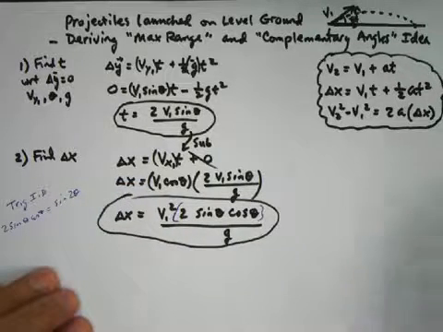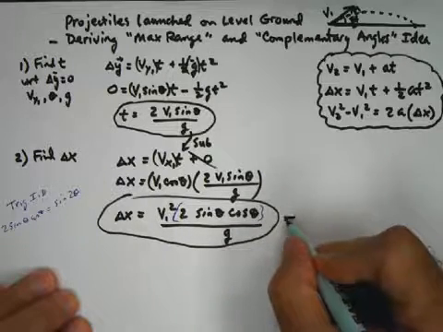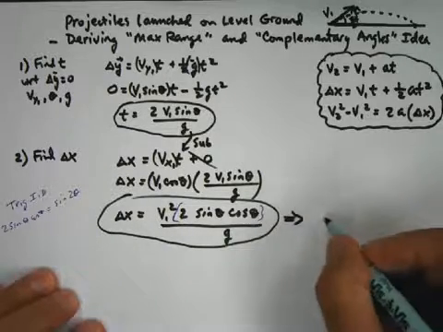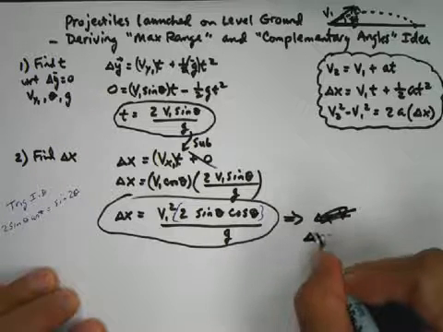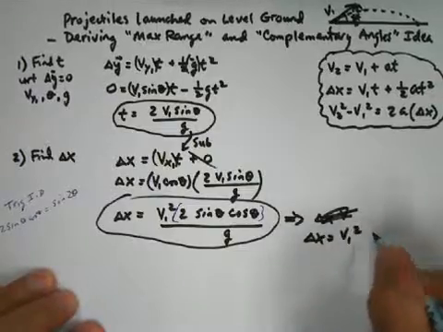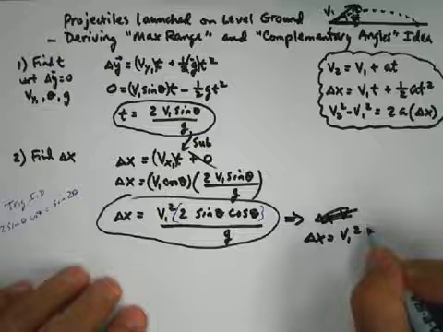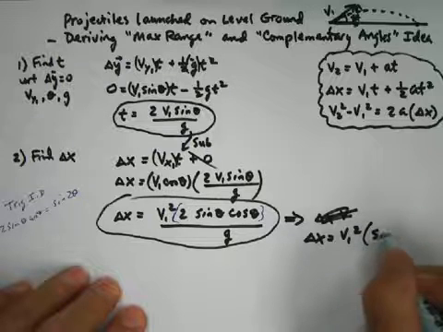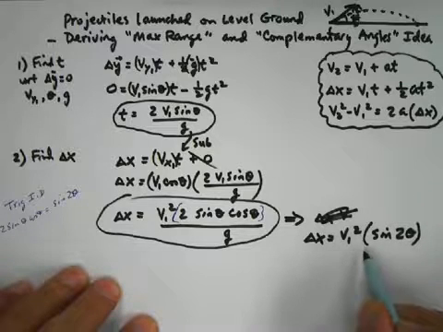So delta x would be equal to V1 squared, and instead of 2 sine theta cosine theta, I could write just sine 2 theta, over g. So that's a little simpler.